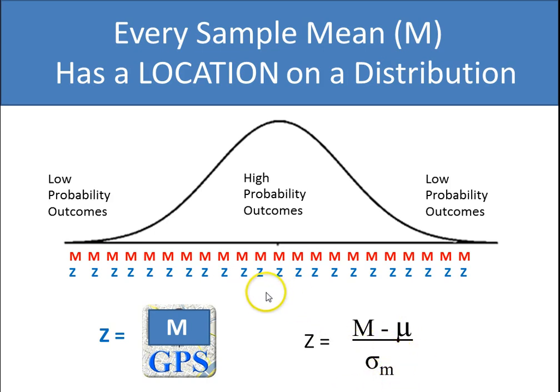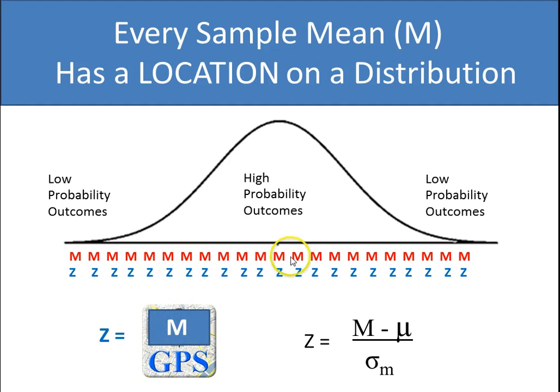Right now, what I want you to see is that this is a distribution of all possible sample means that we could get whenever we take one sample from any one distribution, and that each sample mean has a location that is provided by its z-score, and here the z values work like a GPS to locate any one of those sample means.